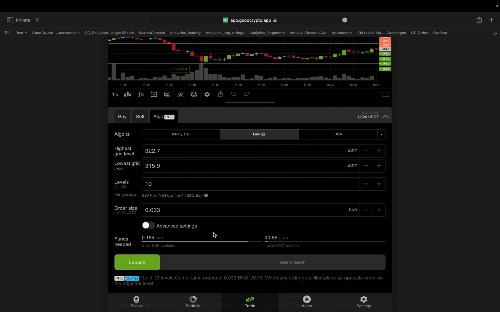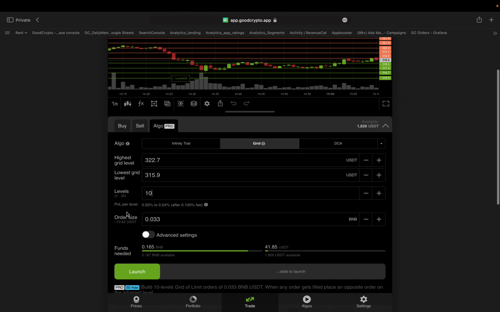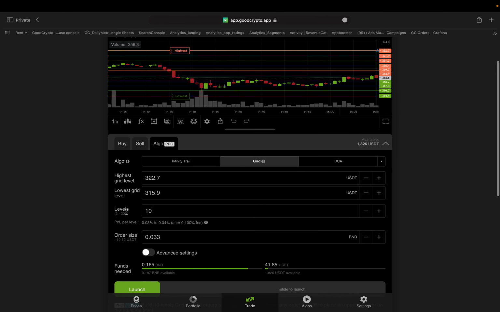So okay, I think we've covered everything apart from the advanced settings. Oh, there is one more thing left here. If you're trading on derivatives, that doesn't concern you, but if you're trading with grids on spot exchanges, make sure that you know whether you're paying exchange fees in base or quoted currency.